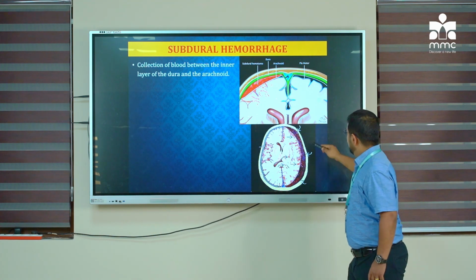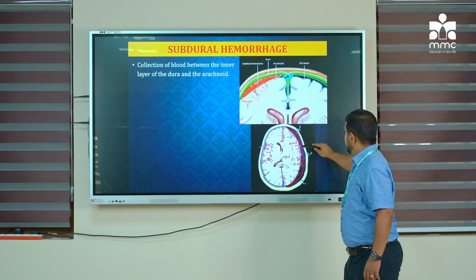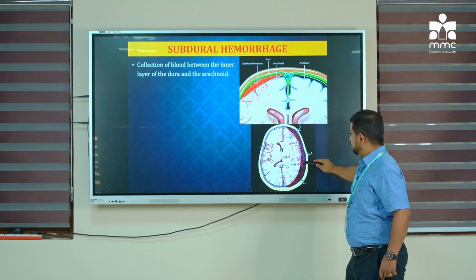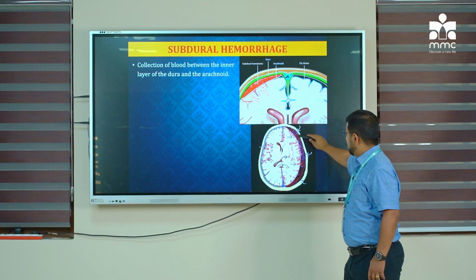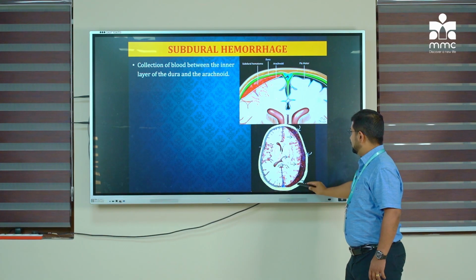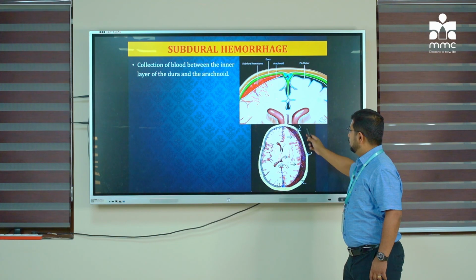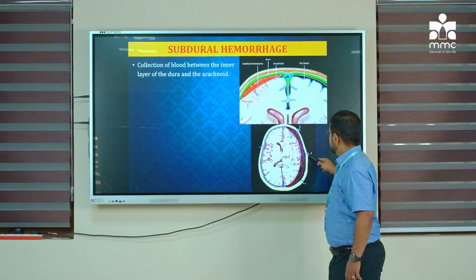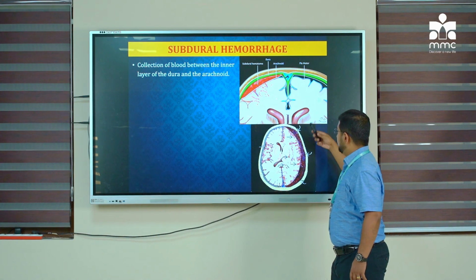Subdural hemorrhage does not follow the suture lines. So it can be seen over the frontal, parietal, temporal, occipital regions, or the whole hemisphere can be involved, because the dura, which is attached to the suture line, is above it.